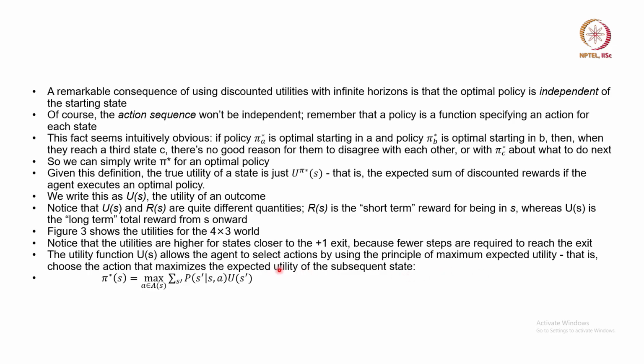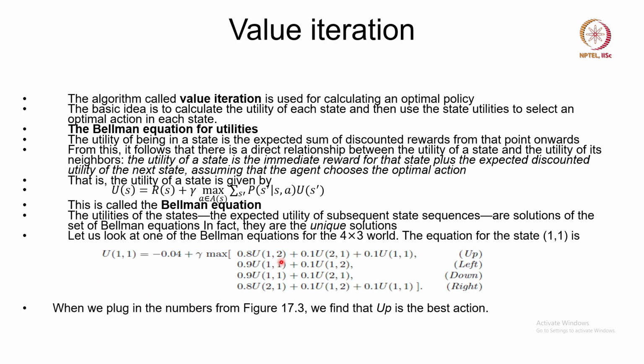Once you have the utilities at the various nodes, you can use this information to get the policy. There are two methods basically which are used here. The first one is called value iteration, which is used for calculating an optimal policy.